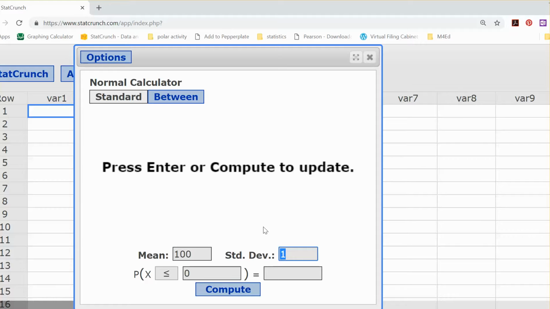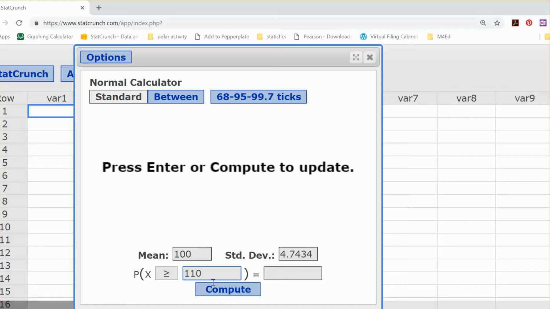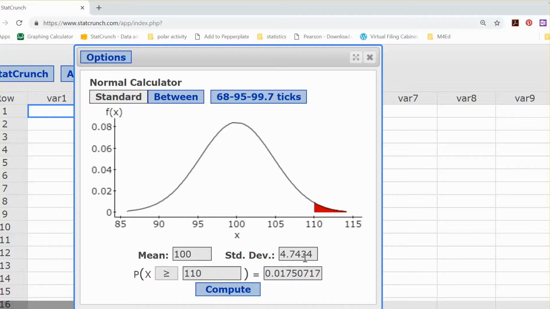The standard deviation of my sample we calculated to be 4.7434. And the question I was being asked was, what is the probability that in my sample of size 10 the mean is greater than 110? So we change the symbol to greater than 110, and the probability of that occurring is given right here.